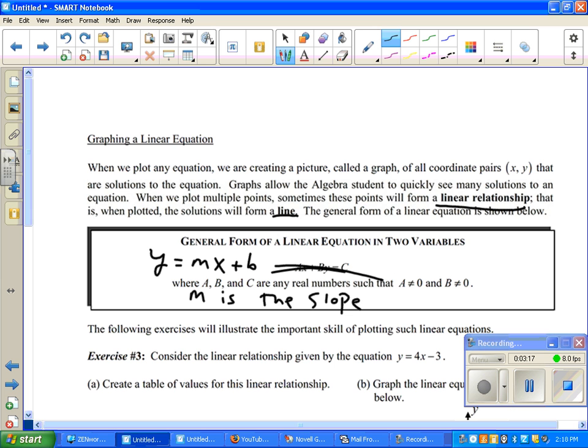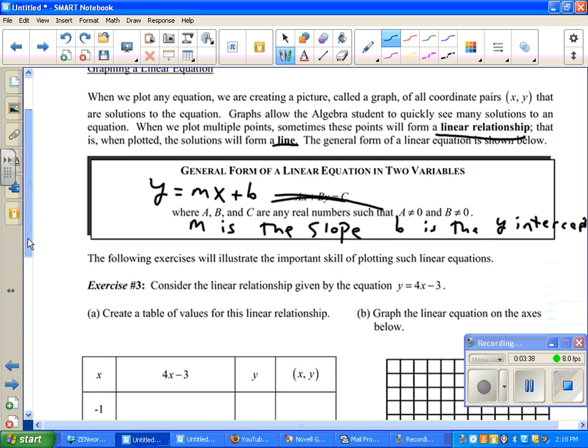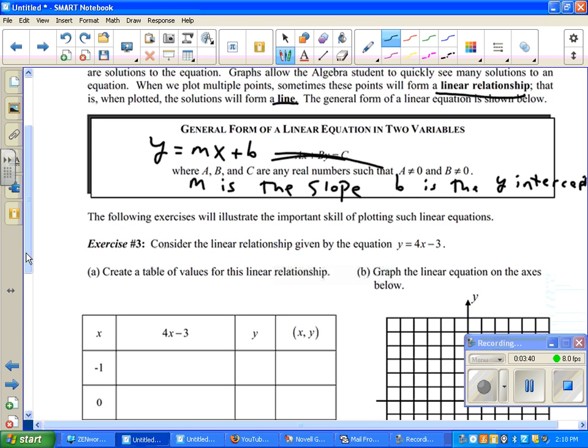And b is the what? What kind of intercept? The y-intercept. Because it intercepts the what? The y-axis. So the general form of a linear equation in two variables is y equals mx plus b.